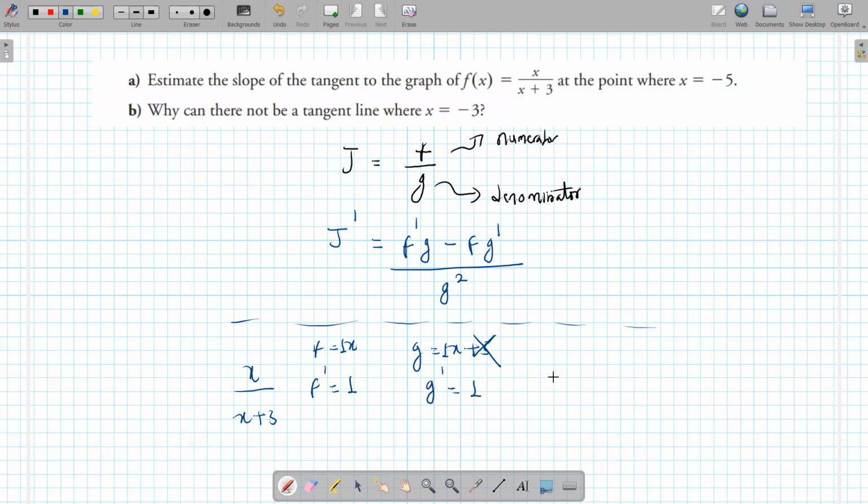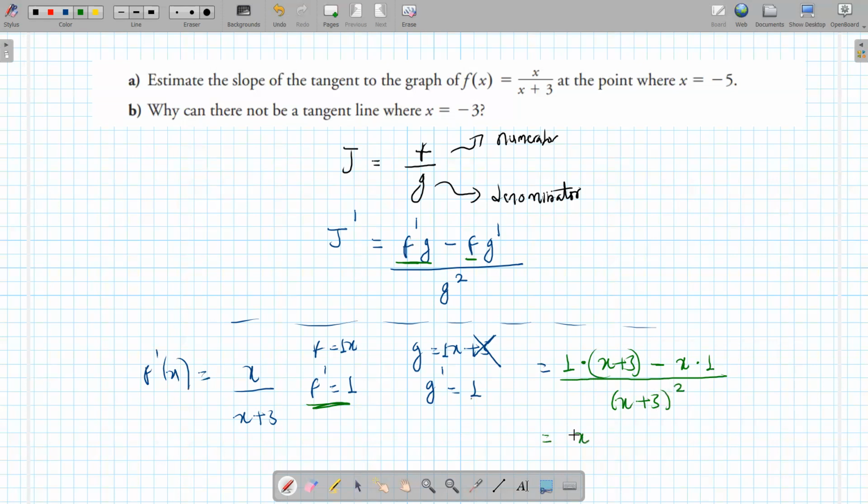Now let's just plug into this equation here. So our function f prime of x will be equal to, again, I'm following this here, f prime, which is a 1, times g as it is, x plus 3, minus f as it is, which is 1x or just x, times g prime, which is a 1, all over the original g, which is x plus 3, squared, like that.